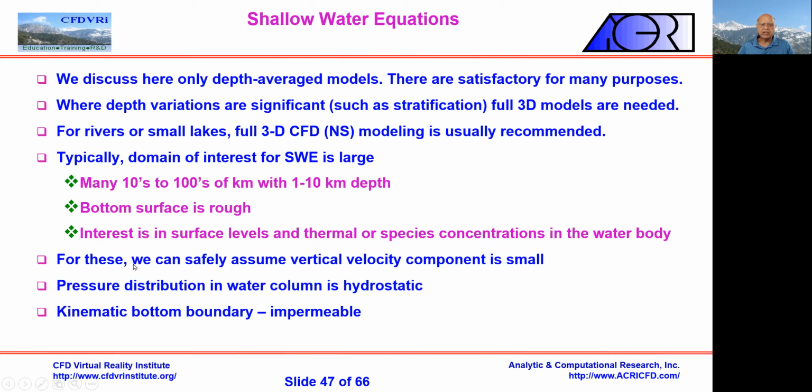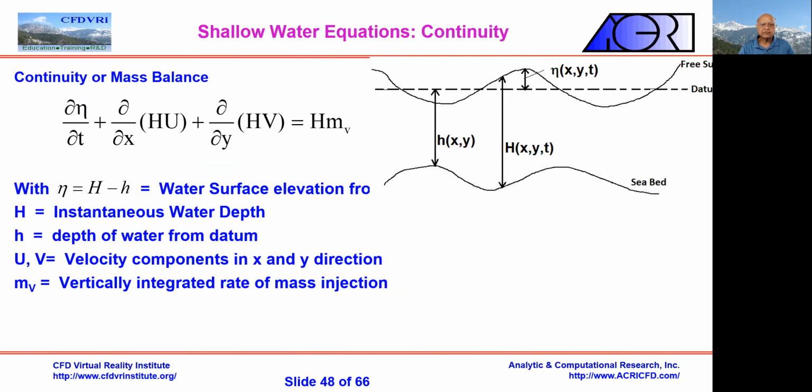So we can safely assume that in these shallow waters, for this range, you can show theoretically that the vertical velocity component is small. So it's not a bad assumption to use a depth averaging technique. And also the pressure distribution in the water column is hydrostatic. Okay, so there is not a pressure variation either. So it's a good assumption for many coastal water bodies.